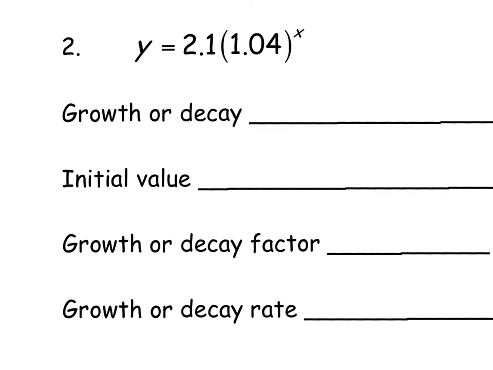All right, well, let's look over here at this one. 1.04 is our b. a is 2.1. So b is greater than 1, so that means it's going to be growth. Our initial value is a, or 2.1.